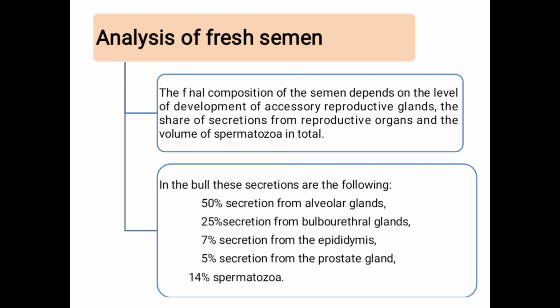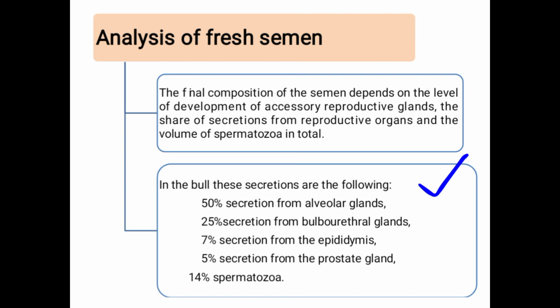In the bull, these accessory secretions from the various glands discussed in our previous lecture include the prostate gland, bulbourethral gland, epididymis, etc. In the bull, these secretions are the following: 50% secretions from the alveolar glands, 25% from bulbourethral glands, 7% from epididymis, 5% from the prostate gland, while 14% is spermatozoa produced from the testes.